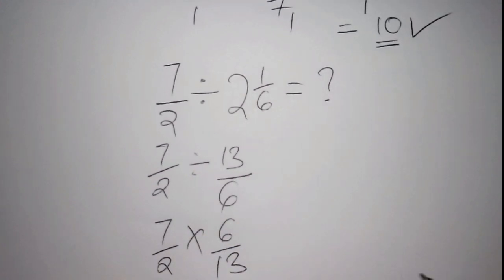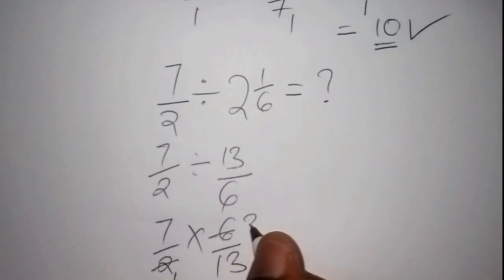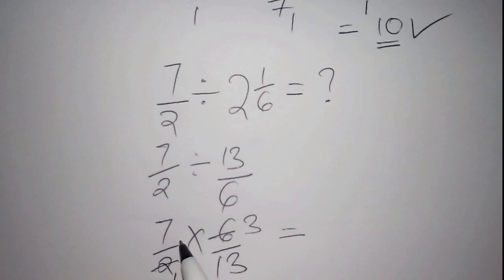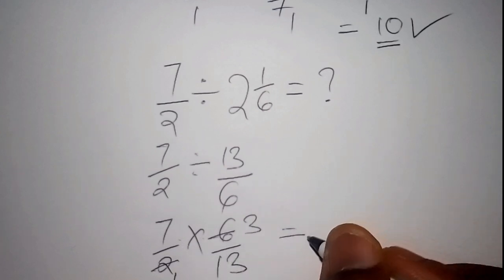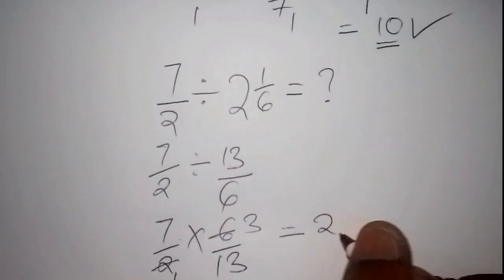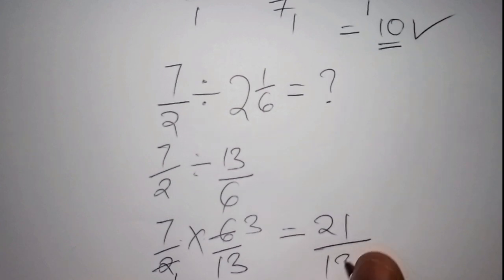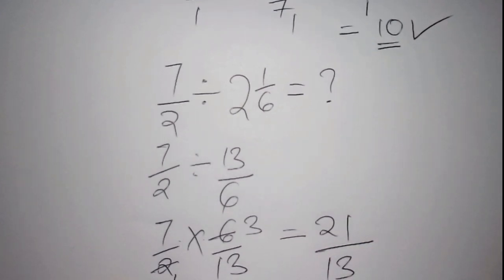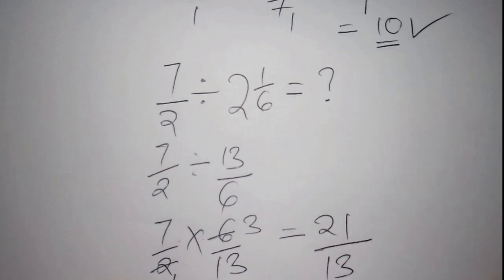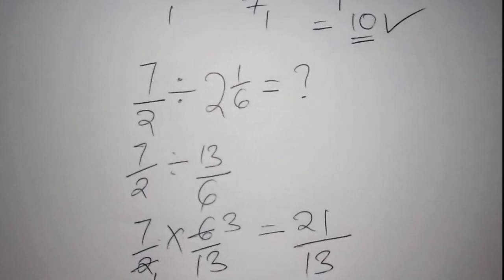From there we check the numbers that can cancel each other. We shall have 2; 2 goes into 6 3 times. So in this case we shall have 7 times 3, which is 21 over 13. You cannot leave your answer like this, since 21 is bigger than 13. So we need to change it into a mixed fraction.